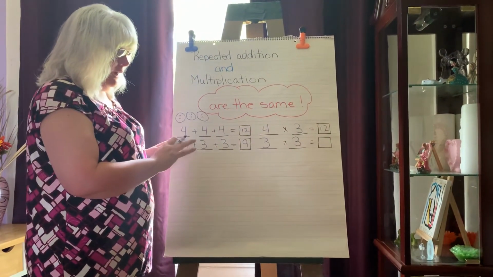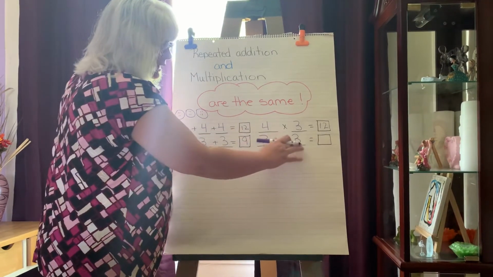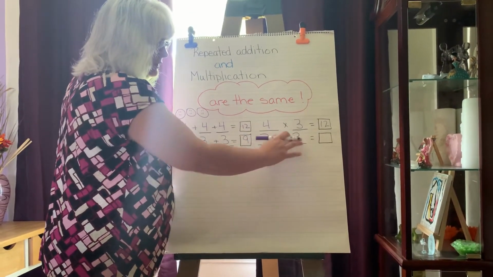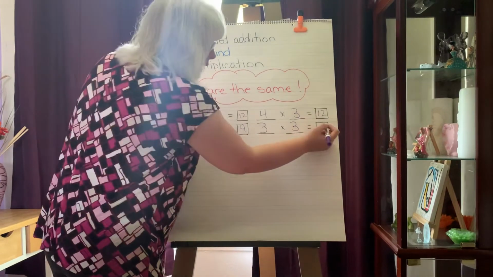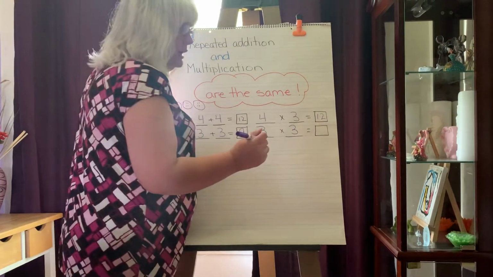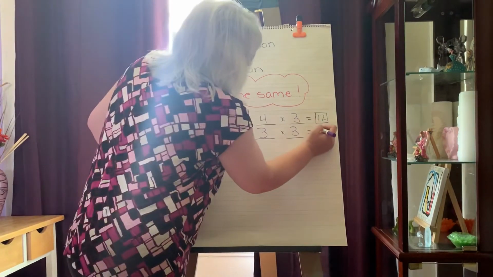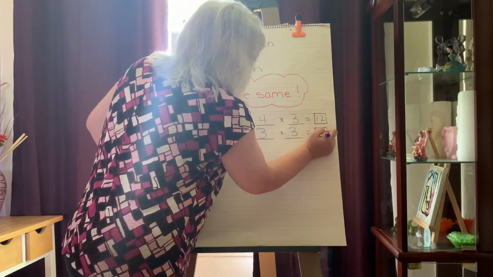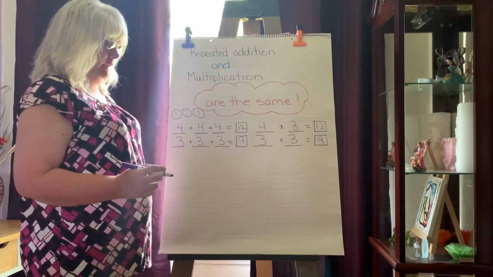So, if you have the same number in each side, each factor is the same. Your product, which is the answer of a multiplication sentence, remember from our vocabulary, the product is going to be 9.